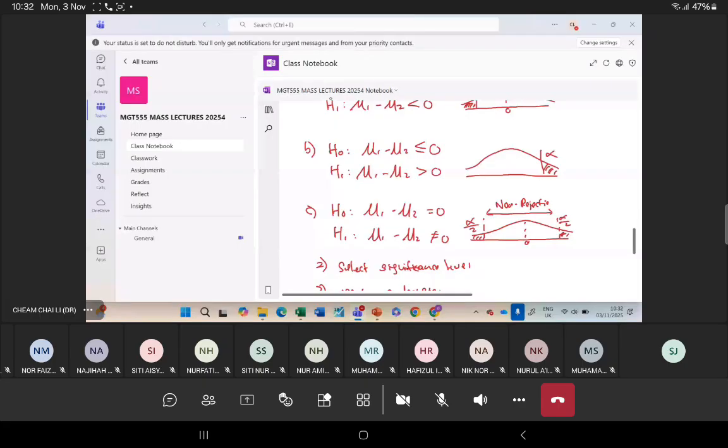Yang ni satu cara lagi, ya. Second scenario, mu1 is less than or equal to mu2. Alternative hypothesis, mu1 is greater than mu2. Right, and boleh tulis juga. But usually I use the first format lah, right?